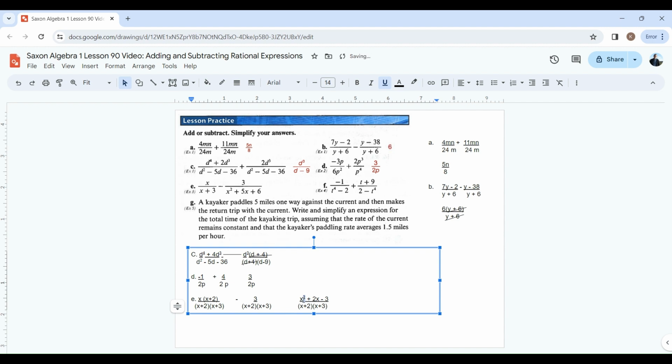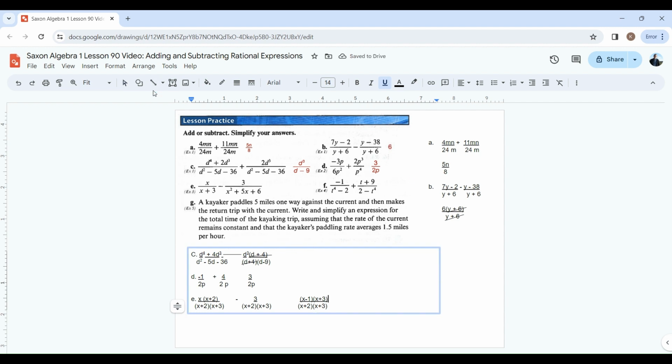Now, are there factors of negative 3 that add up to positive 2? Negative 1 and positive 3. So on top here, this becomes x minus 1, x plus 3. And now I can cancel.